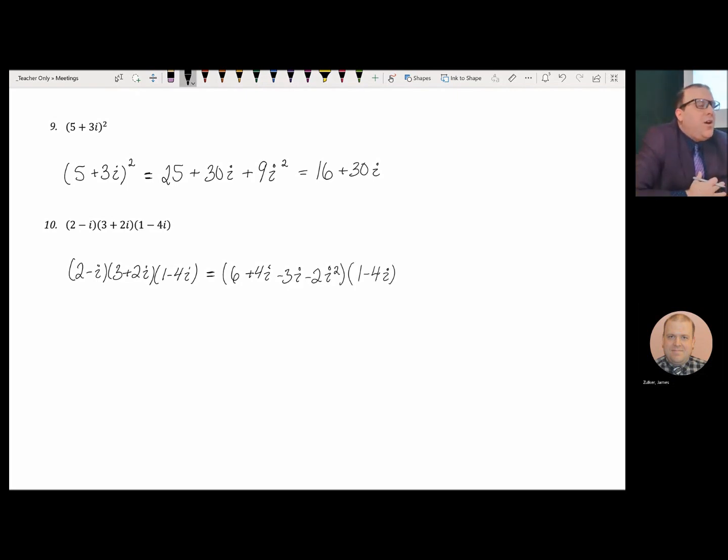And then times 1 minus 4i. Six plus 2 is going to be 8. And then we get 4i minus 3i, which is just i.